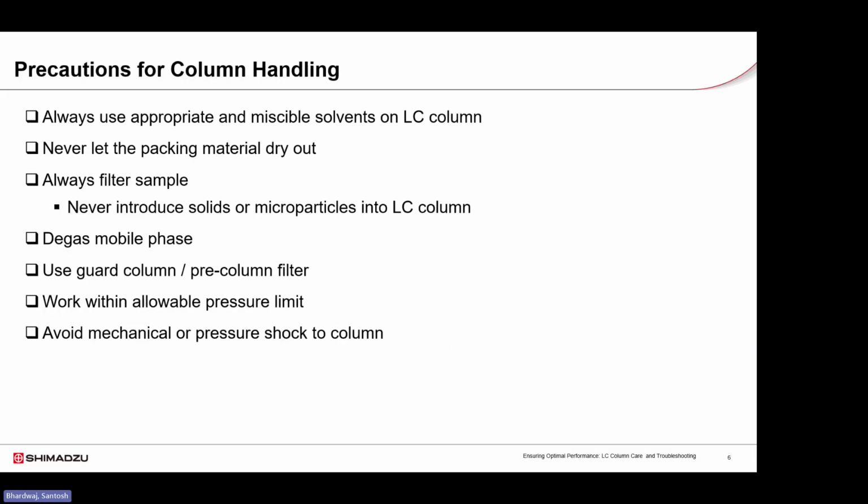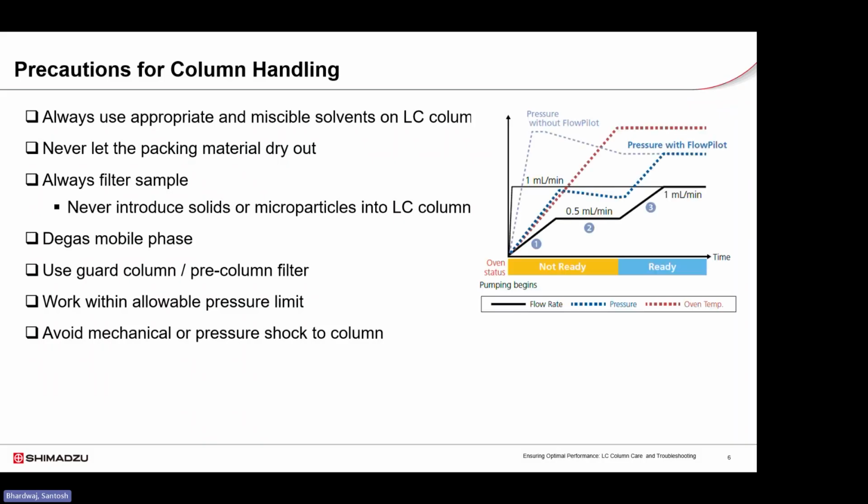Proper column handling is critical for maintaining performance and extending column life. Always use compatible solvents. Ensure your samples are properly filtered and degas the mobile phase. Also make sure the column does not dry out at any stage. Shimadzu's LC flow pilot feature helps prevent this issue.